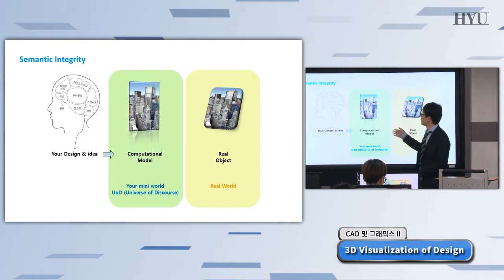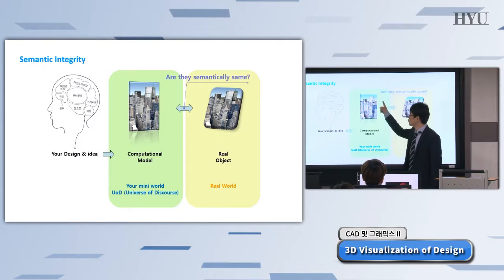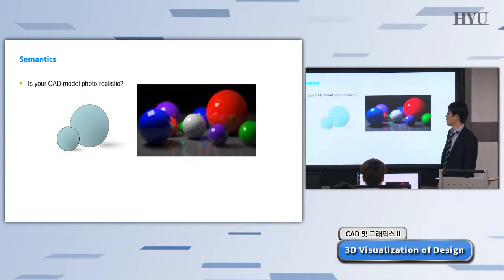But anyway, they are supposed to be the same in terms of semantics, okay? That's the major point. Are they semantically the same? That's the main question. Even if your mini world is a really, really small subset of the real world, anyway, they are supposed to be the same. Let's take a look at those two different pictures.